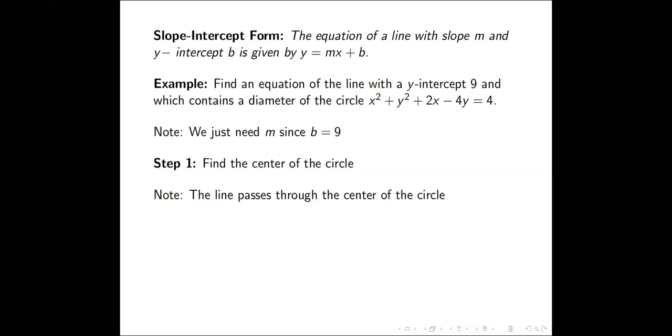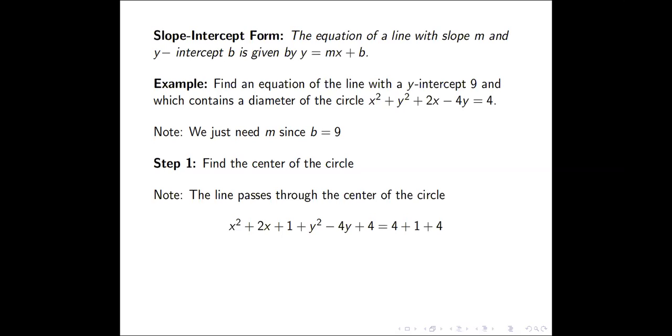So that means that the center of the circle itself is a point on the line. Is that clear? Since the line passes through the center. Why does the line pass through the center of the circle? Because it contains a diameter, and therefore the center of the circle is a point on the line. So with that, we just find the center by converting the equation of the circle into standard form.